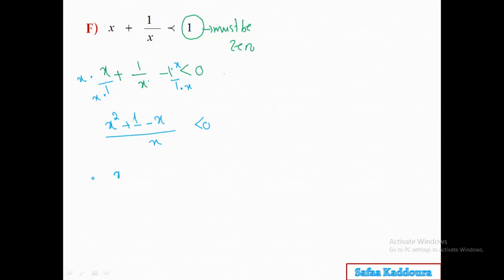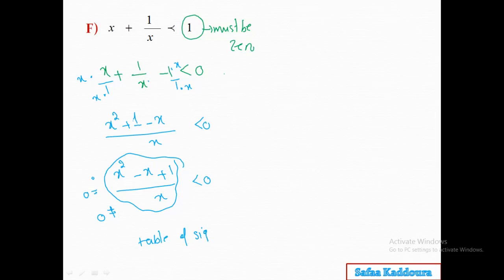So it will be x squared minus x plus 1 over x less than 0. So you will draw the table of signs for this. The numerator equals 0, the denominator does not equal 0. Then you draw the table of signs and look for the negative sign. And if you want to add other cases, greater than 0, less than or equal to 0, as you want. I hope you try to solve this exercise.